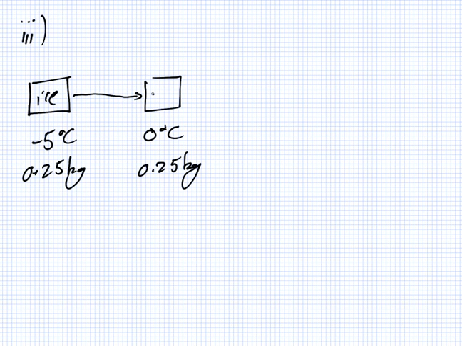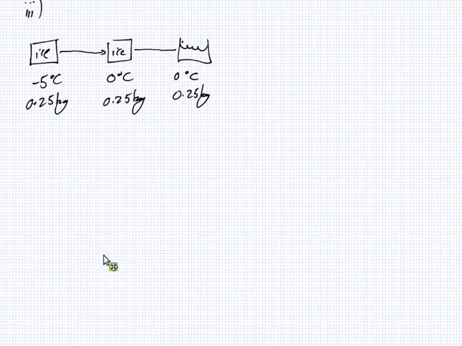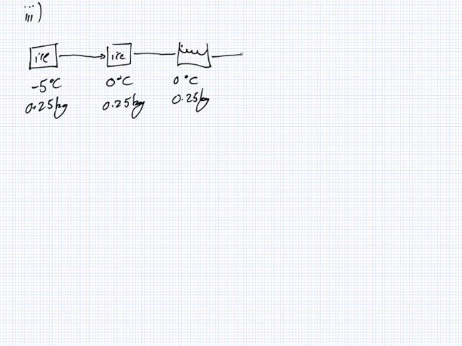This is still ice. Then you need to change your ice into water at 0 Celsius, 0.25 kilograms. Running out of space now. Then what you have to do is change your water into boiling water at 100 Celsius, still 0.25 kilograms.